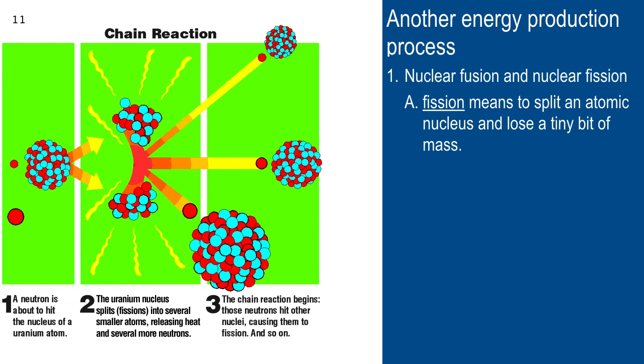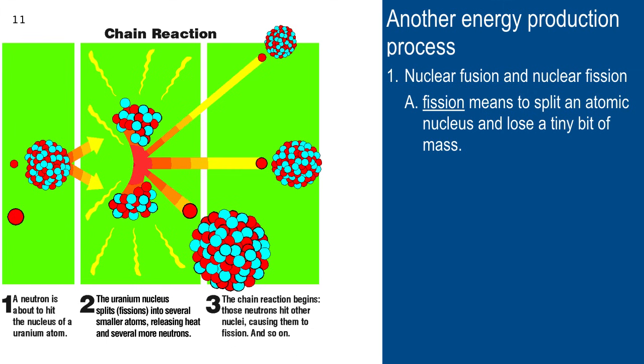So the neutron is red and the protons in the nucleus are light blue in this diagram. And then in the second panel, the middle panel, that nucleus is split into two what we call daughter nuclei. Okay, so the original uranium on the left panel is the parent, and then the daughter nuclei are split, one going upwards and one going downwards.